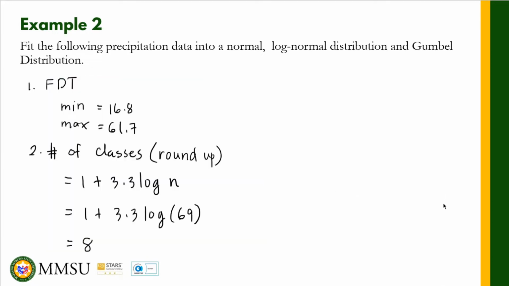Now our next step, our third step, is to solve for the class width. The class width is just equal to the maximum minus the minimum, or basically the range, divided by the total number of classes.